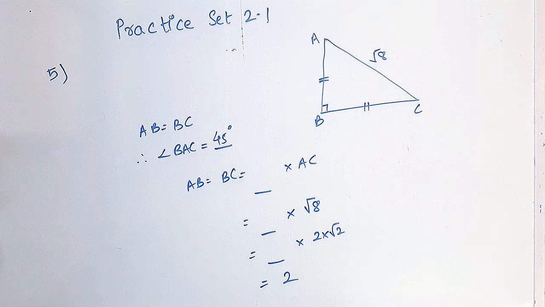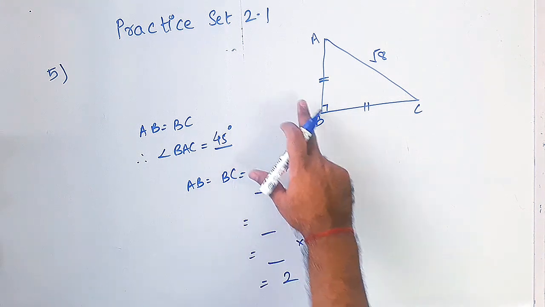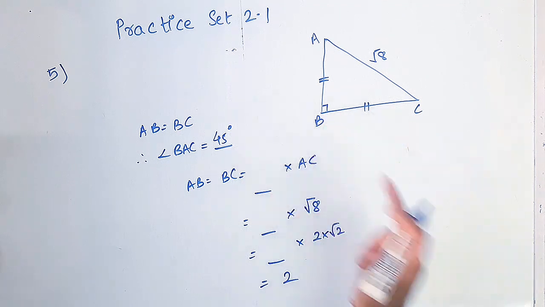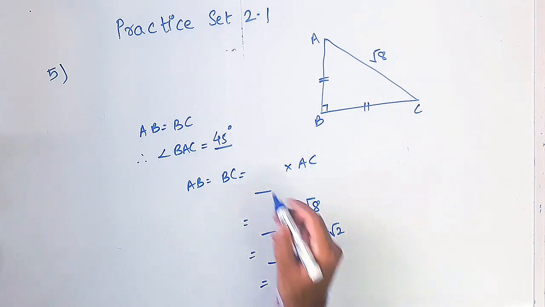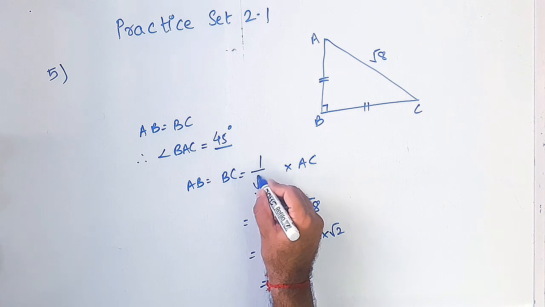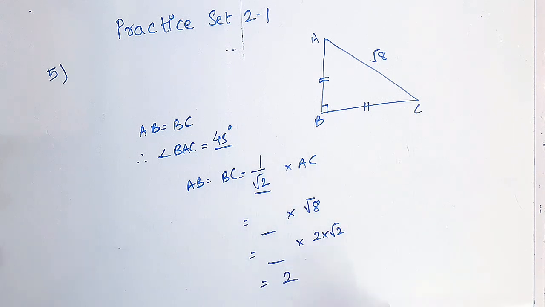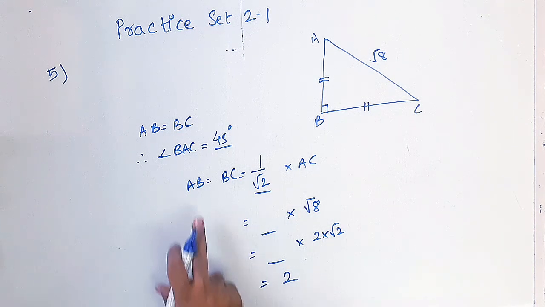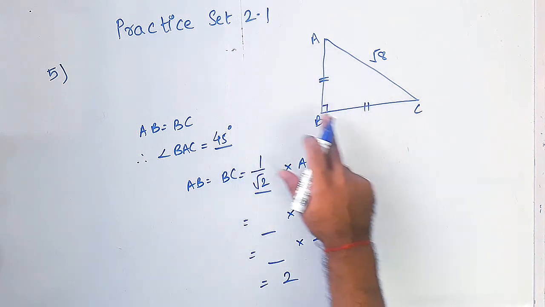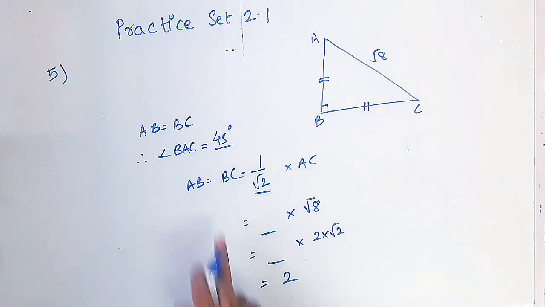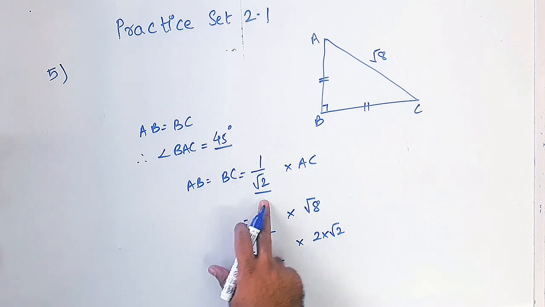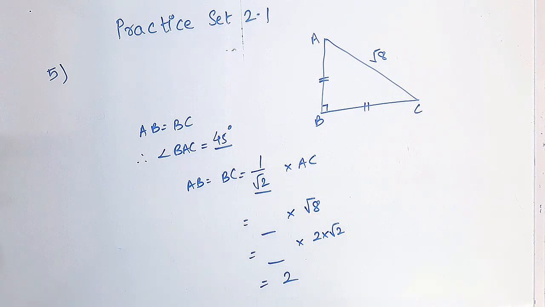Fifth one is just fill in the blanks. You have to do the activity. So I've just written the blanks here. AB equals BC equals, side opposite to 45 degree is 1 upon root 2 times the hypotenuse. There are two sides which are opposite to 45 degree, AB and BC. So it will be 1 upon root 2 times the hypotenuse.